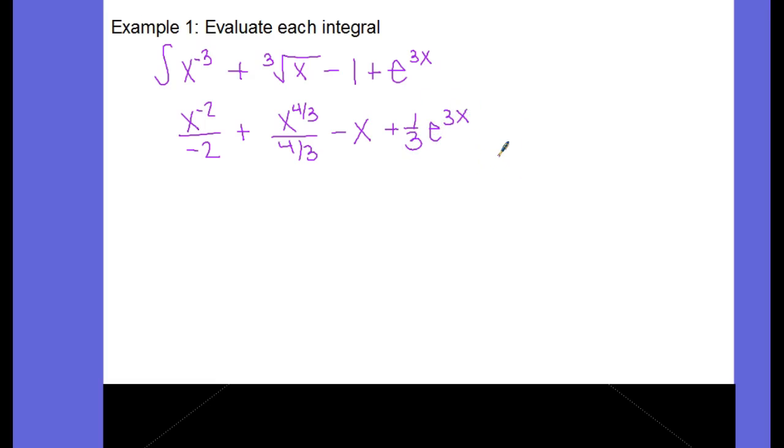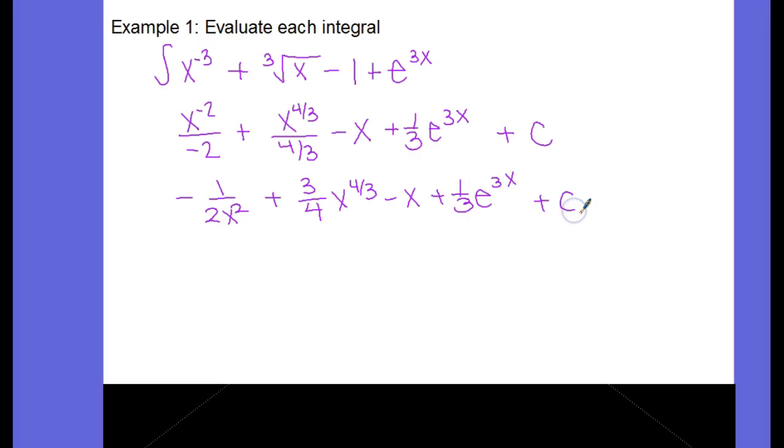Good. And what do I need at the end of this? Okay. We don't like negative exponents, so we'll clean this up. It's negative 1 over 2x squared plus 3 over 4 x to the 4/3 minus x plus 1/3 e to the 3x plus c.